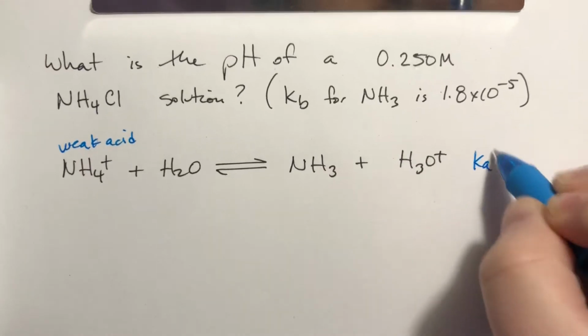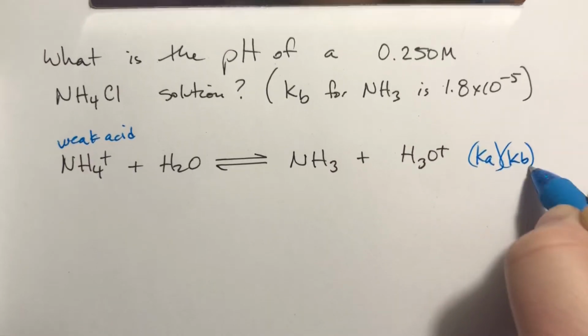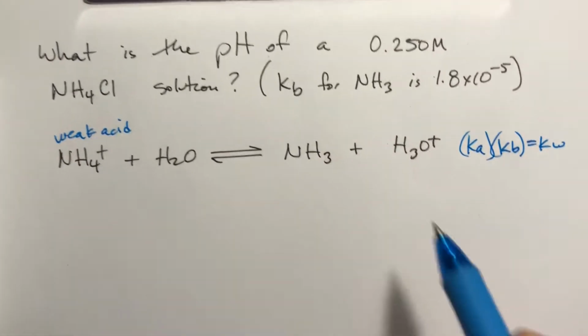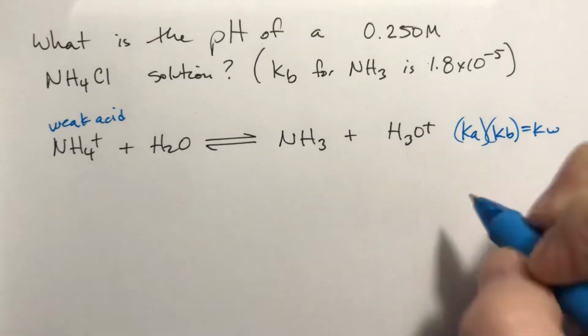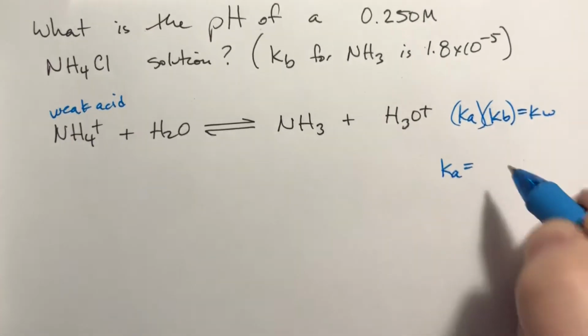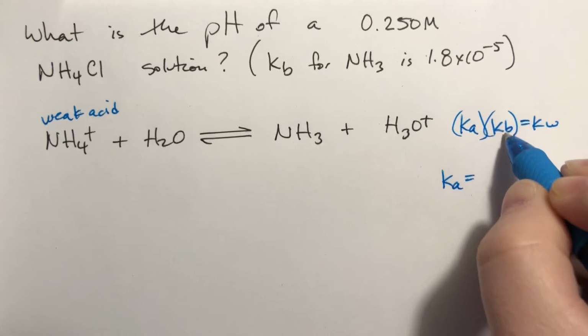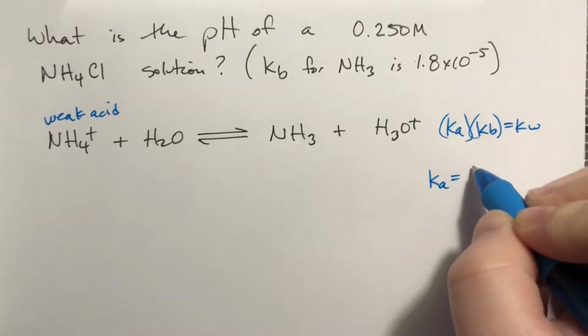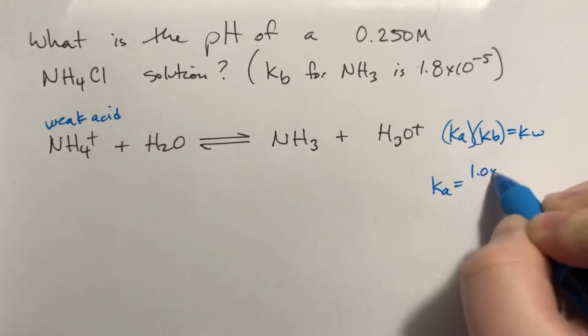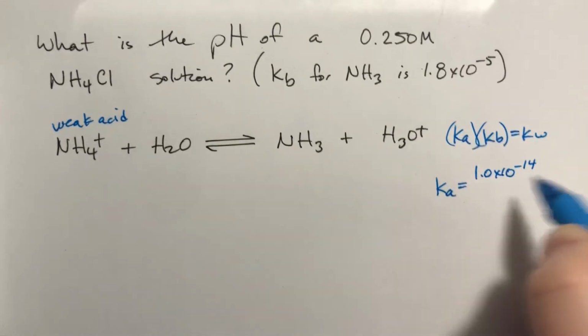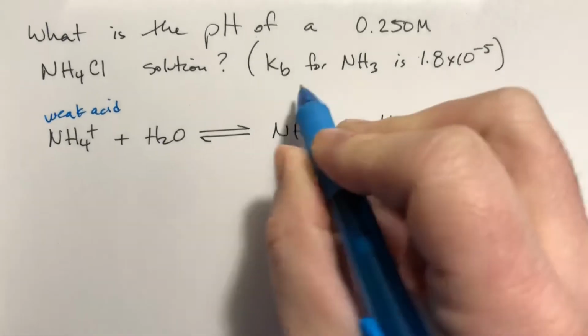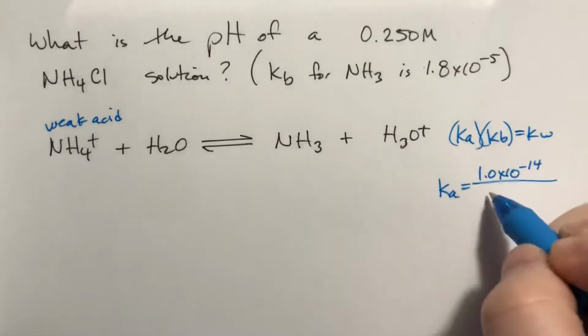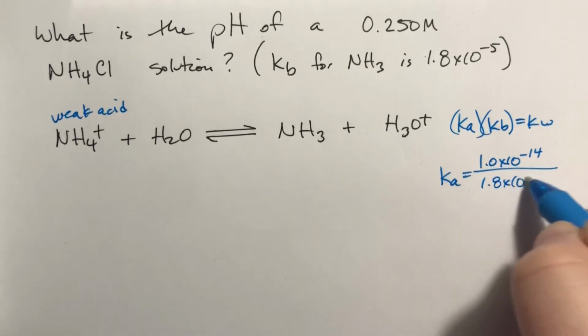So Ka times Kb equals Kw. We know Kb, and Kw is a constant, so for Ka we're basically dividing Kb to the other side. Kw is a constant, it is 1.0 times 10 to the negative 14th. Kb of the conjugate base is 1.8 times 10 to the negative 5th.